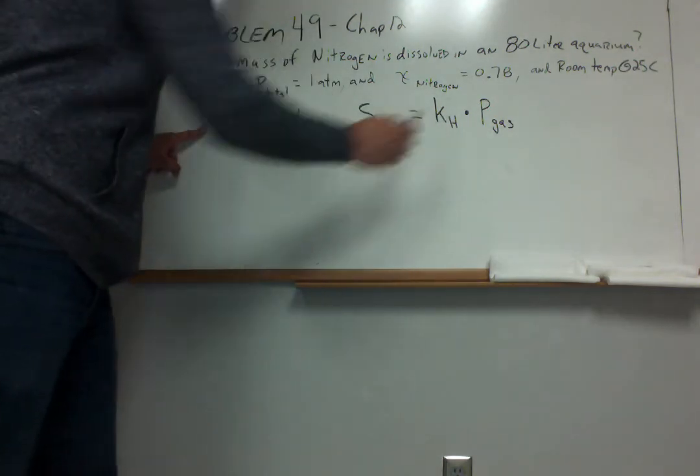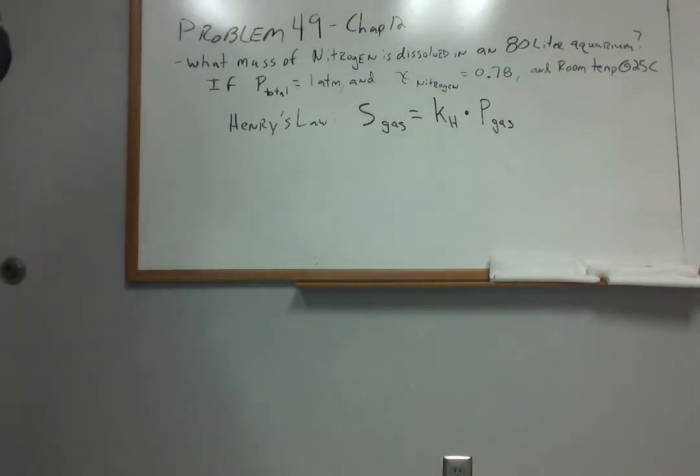Now, Kh is a characteristic of the gas that we're going to dissolve into the liquid. Okay? It changes. Nitrogen, carbon dioxide, helium, all these different gases have a different value of Kh. You have to find that in a table. It will be given to you on an exam, on the online homework. You should have a table of values. If not, look it up in your textbook. There's an example table in your textbook in chapter 12. But Kh changes for different gases, and it's also temperature dependent.